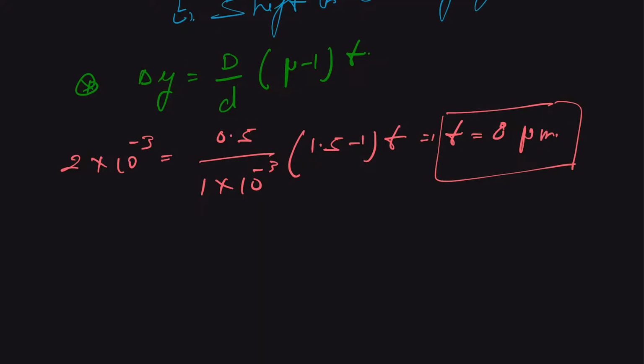This is the first point, and second, the fringe pattern shifts towards the slit with the sheet. So these are the two important points we have to remember here: first, that the central fringe shift is independent of wavelength, and second, that the fringe pattern shifts towards the slit covered by the sheet. Next question.